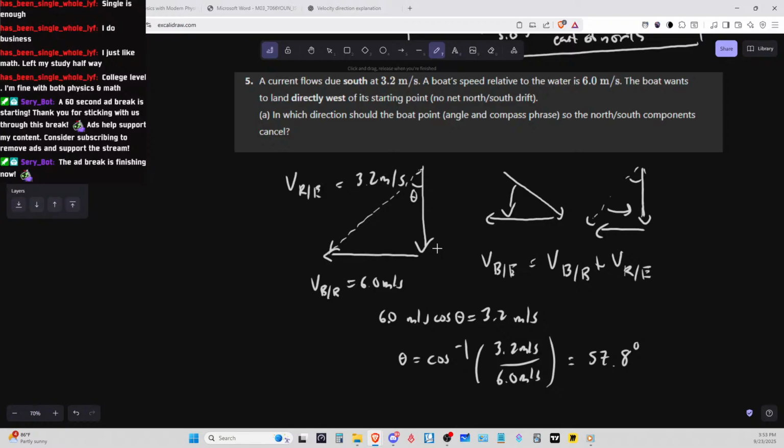So the river is flowing this way, and we need the boat to basically go west.